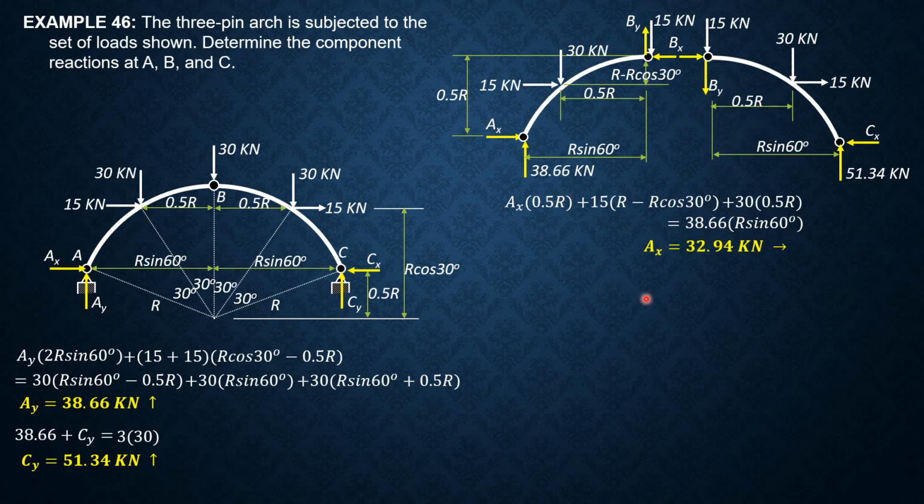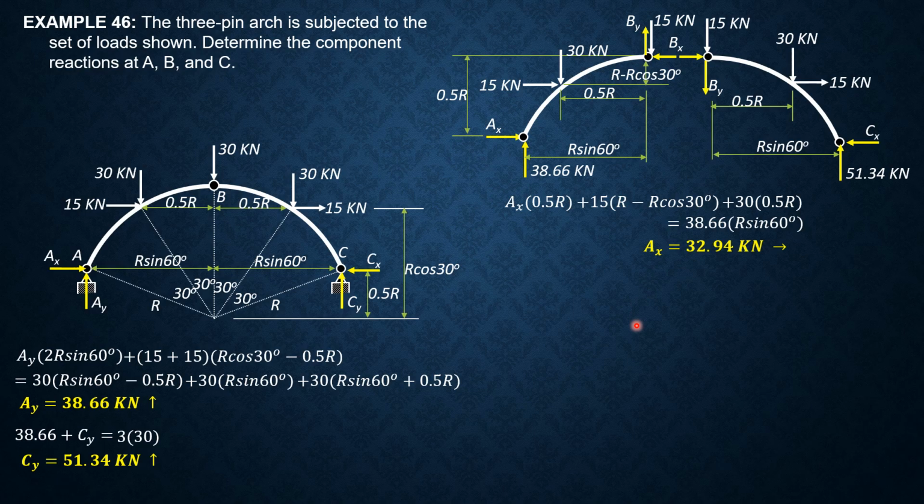AX equals 32.94 kilonewtons. By the way, because the 30 kilonewton load is acting at the center of this hinge or pin, we distribute half to B on the left and half to B on the right.